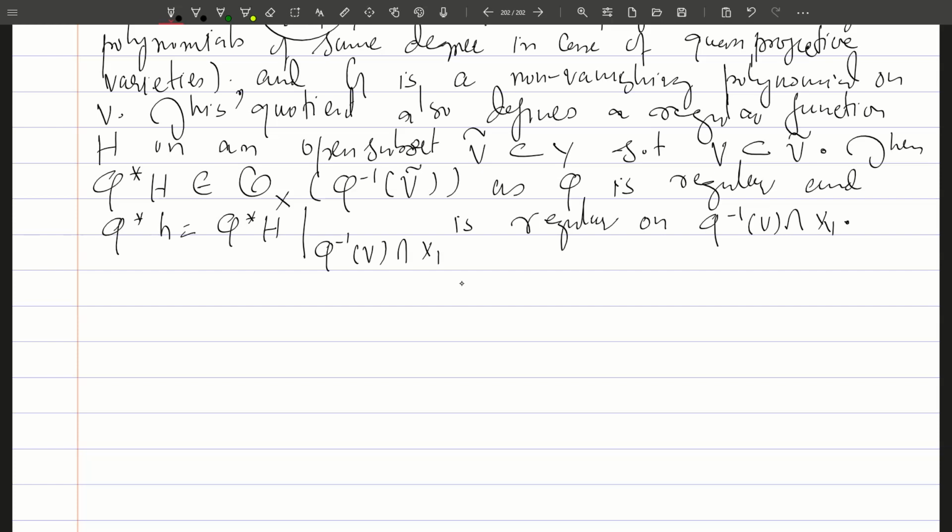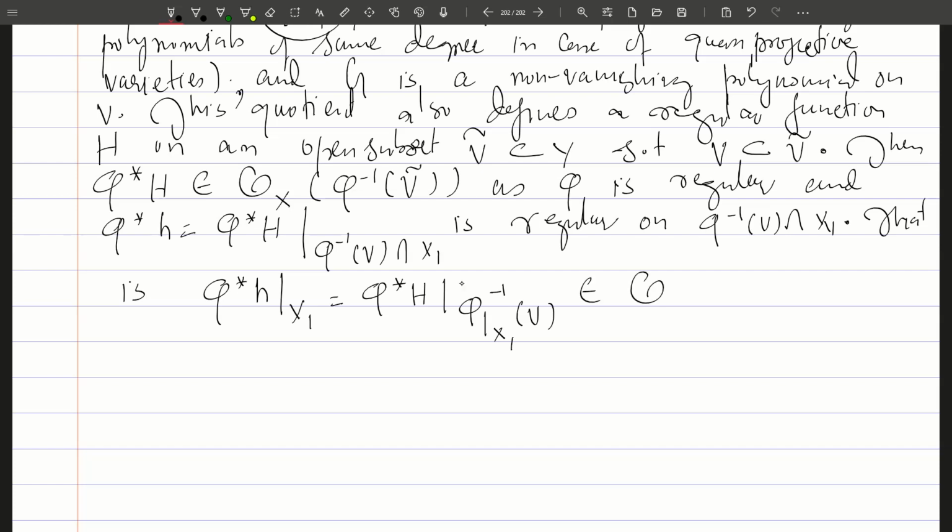So now to rephrase this statement, this implies that this phi star, this little h restricted to x1, which is the same as phi star of this big H restricted to the inverse image of v under the restriction map of phi to x1, belongs to the regular functions on the set, the inverse image under phi restricted to x1 of the set v.